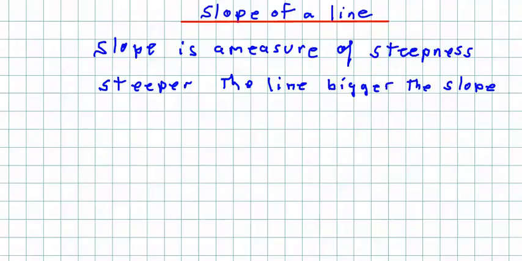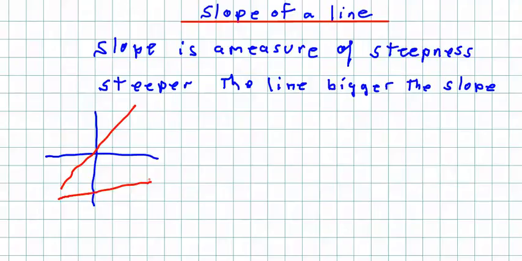So I'm going to draw really not a very pretty graph here. If I look at a graph, I'll change the color. If my graph is relatively steep, the slope is bigger. If my line is flatter, the slope is smaller.